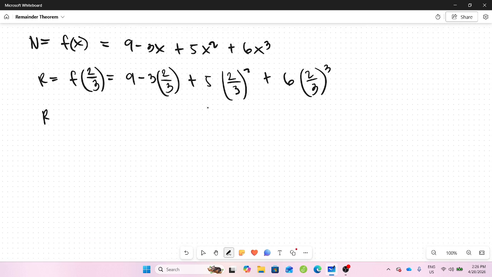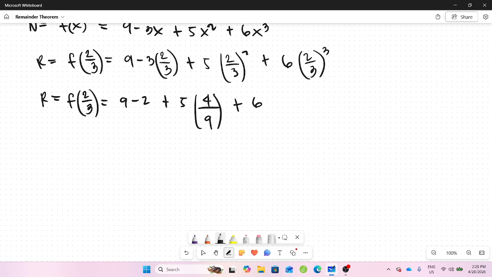So this becomes 9 minus, well, this is just minus 2, plus we have here 5 times 4/9 plus 6 times 2 to the power of 3, that should be 8, over 3 to the power of 3, that should be 27.